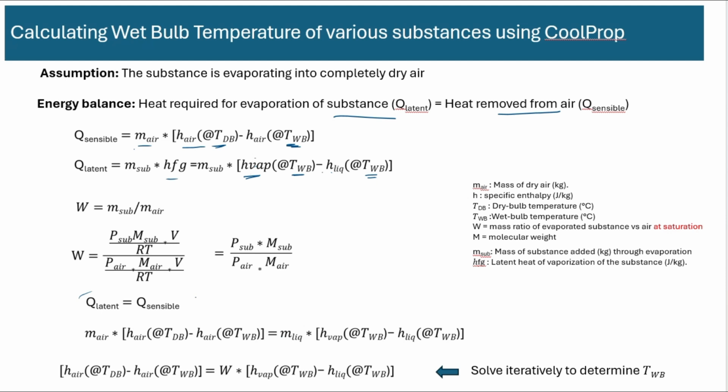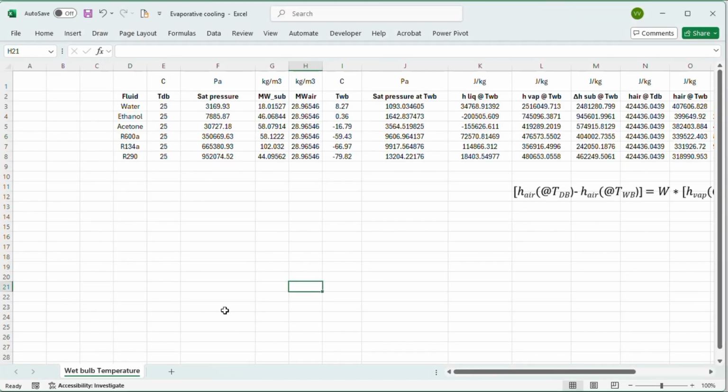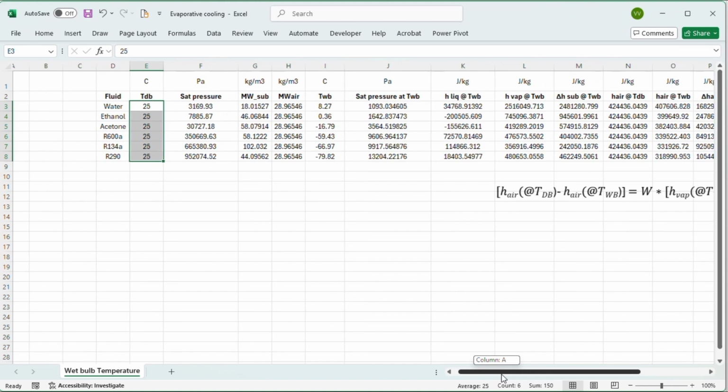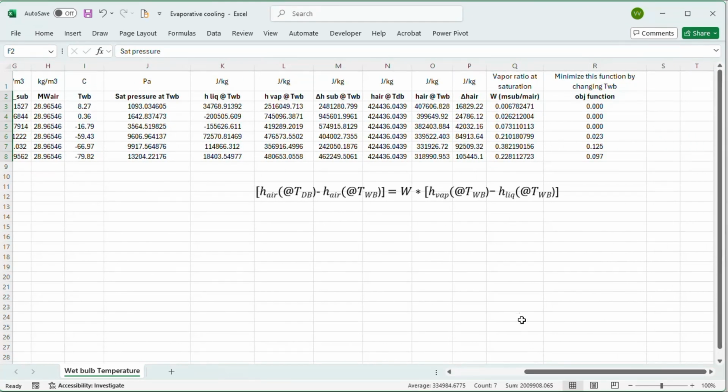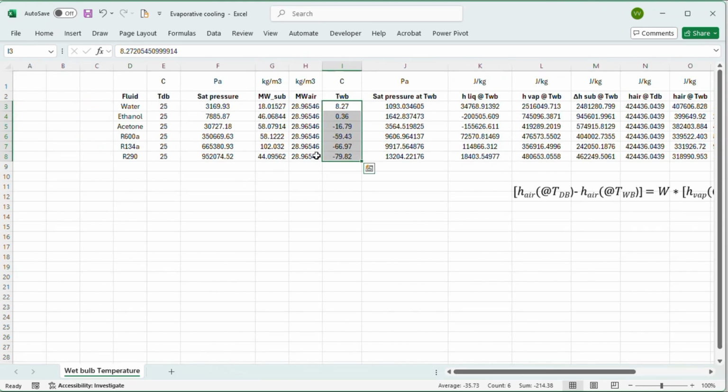So use the Excel file for evaporative cooling. Okay, so I have created a comparison of different fluids and different dry bulb temperatures. Initially it's 25. Okay, and then they all have their own saturation pressure. Okay, and you do the energy balance, you get the final wet bulb temperature comparisons for different fluids here.